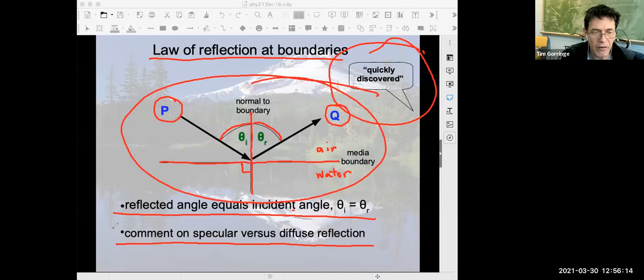So specular reflection is when the incident light, angle theta I, is reflected at the same angle theta R after reflecting, bouncing off the surface. In diffuse reflection, incident light, angle theta I, is reflected at many angles. It bounces off at many angles from the surface. So this law is for specular reflection.